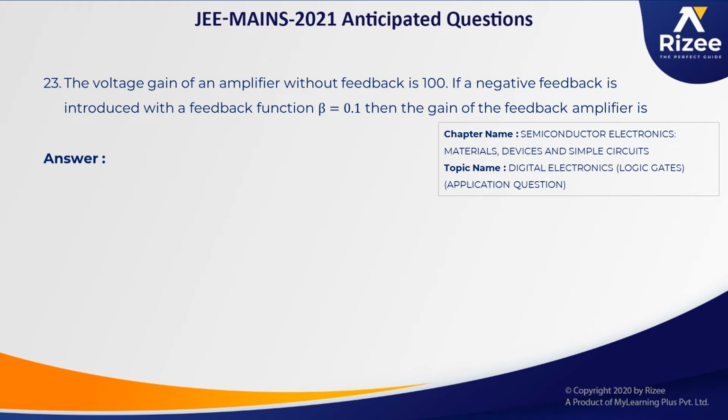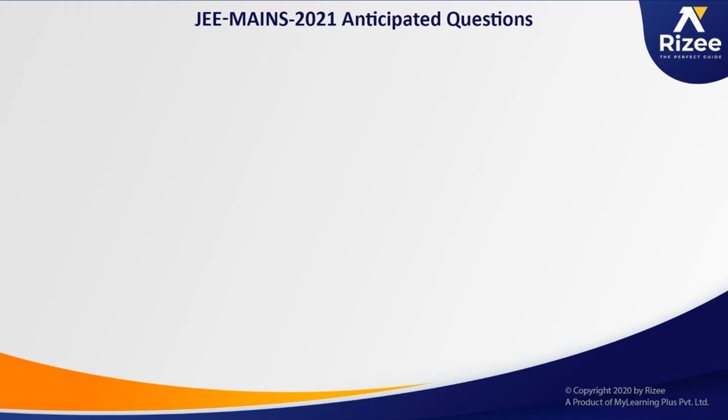So how to solve this? The gain in this case is the gain of the feedback amplifier, which is A by 1 plus beta A.